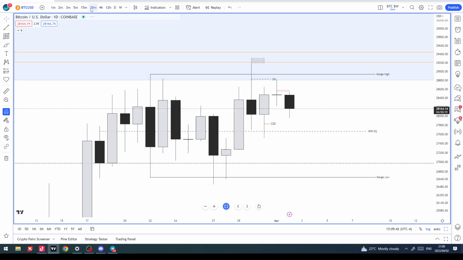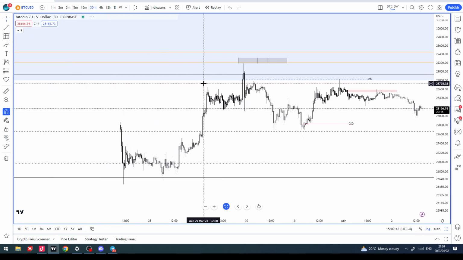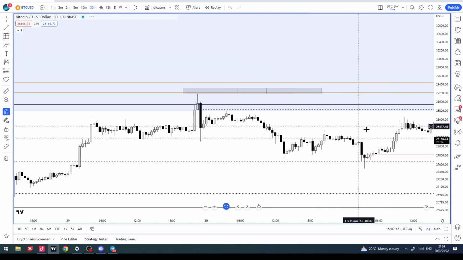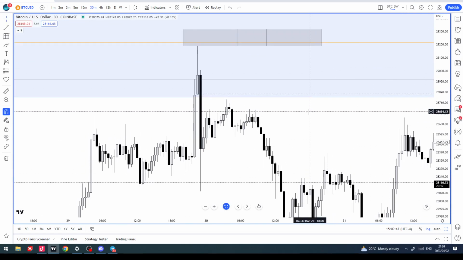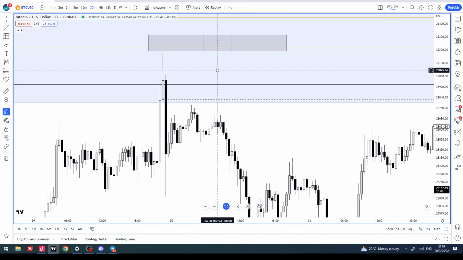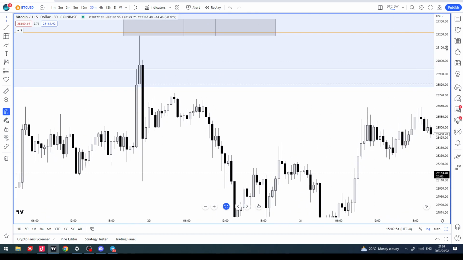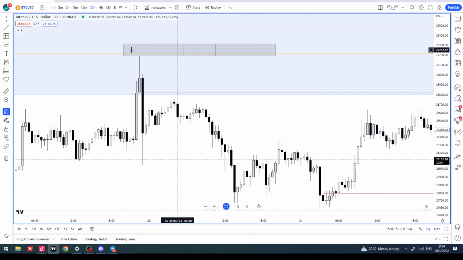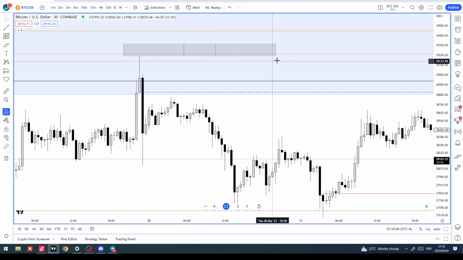And then if you go down to the lower time frames, you're going to start to see this happening for that particular day. Now remember, this is the entire cycle for the day. The first box is the accumulation, the second is the manipulation, and the third is the distribution.